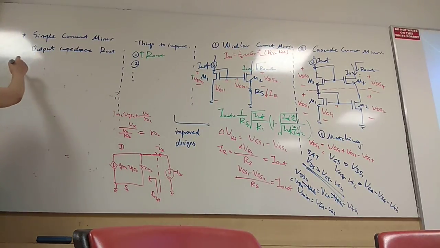The classical current mirror can be drawn into this kind of structure, right? This is the 1 over GM3, 1 over GM1.